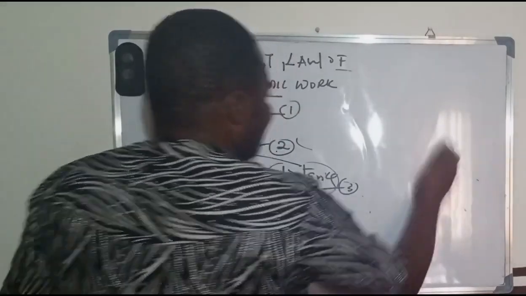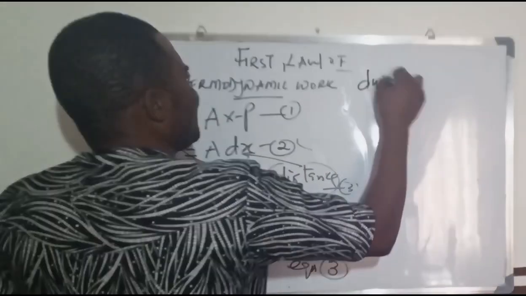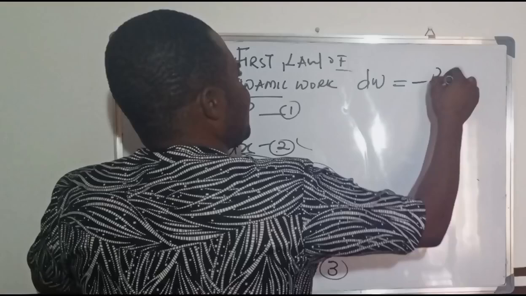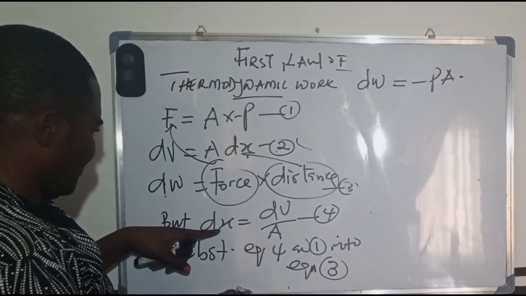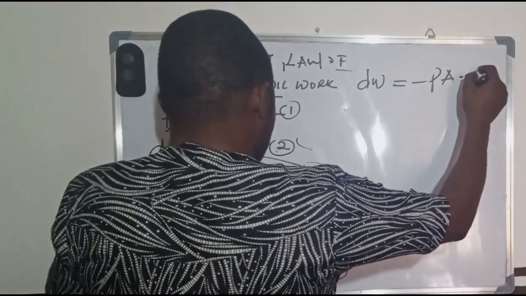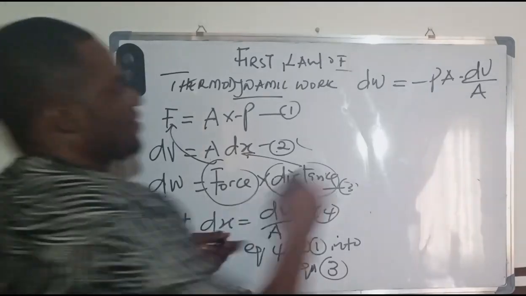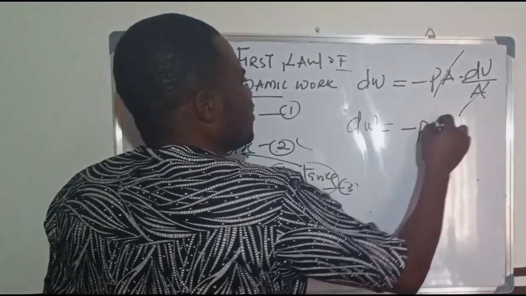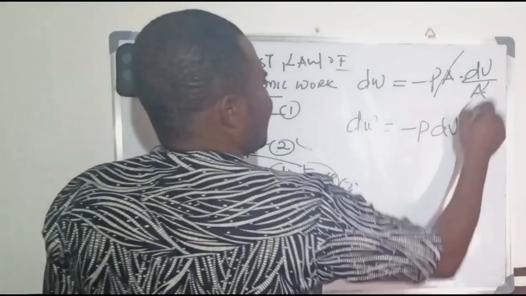We have W is equal to force, which is minus PA, multiplied by equation 4, the distance, which gives us dV over A. Of course, this A will cancel this A, so dW will be equal to minus P dV. So this is equations 4, 5, and 6.